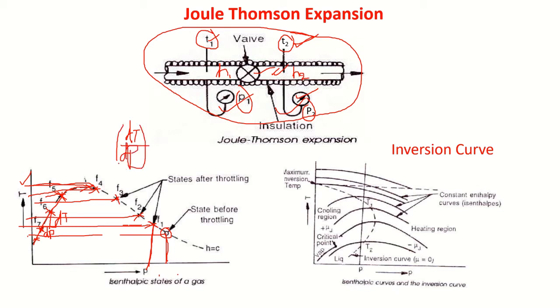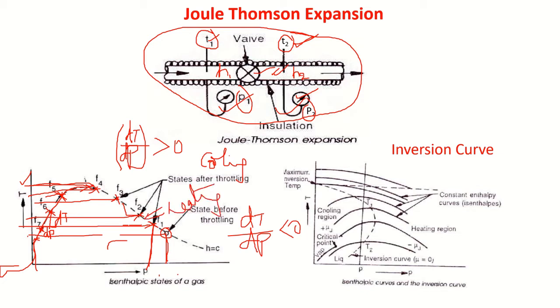Okay. So if the slope is positive, you can see that the exit temperatures are decreasing. So something like cooling happens. If the slope is negative, that means dT by dP less than 0, heating happens.